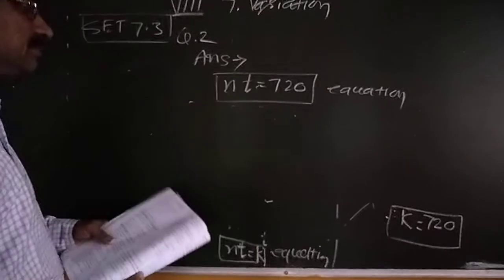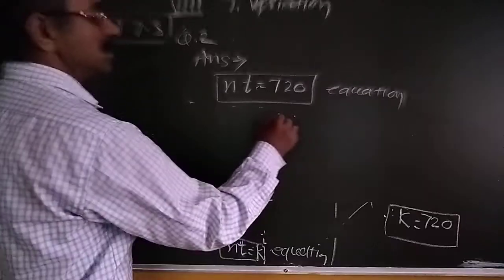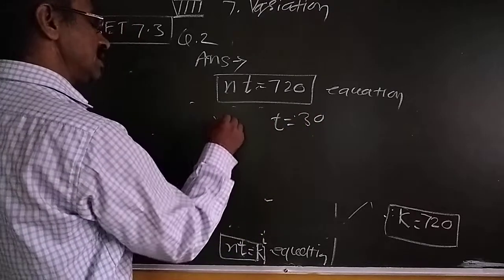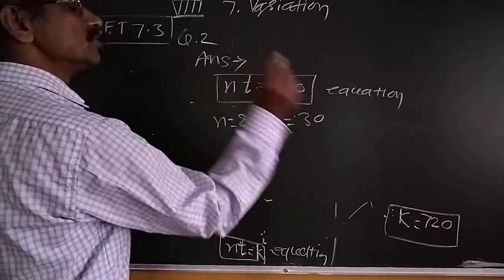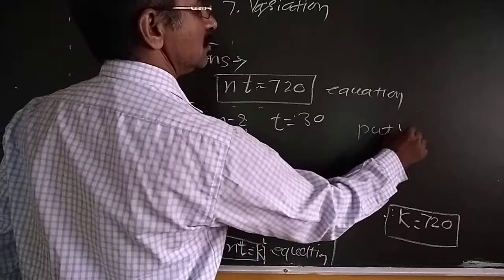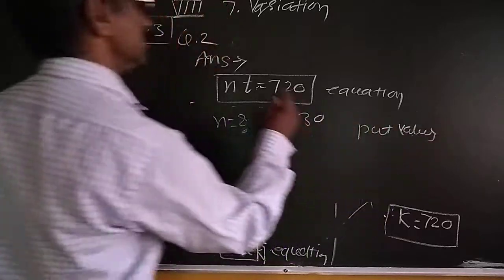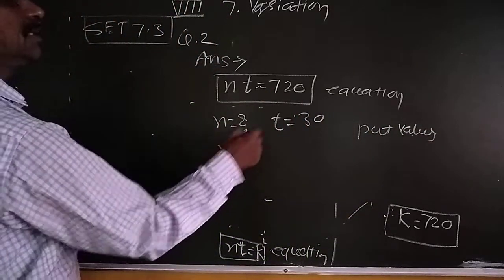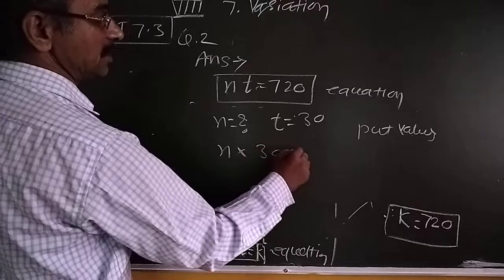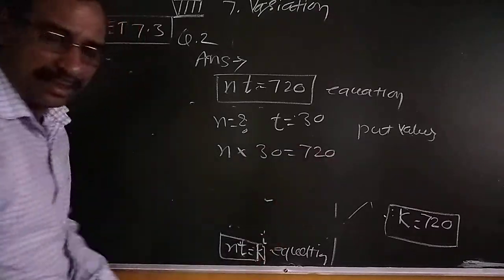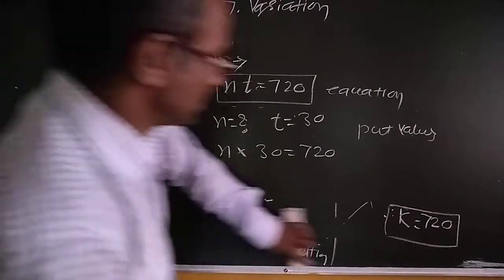Okay. Then what will I ask? If the time is 30 hours, how many workers are required? We do not know. So by putting the values, N remains as it is, into T, which is 30, is equal to 720.